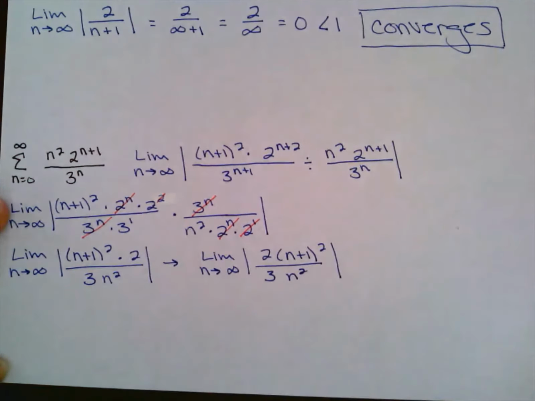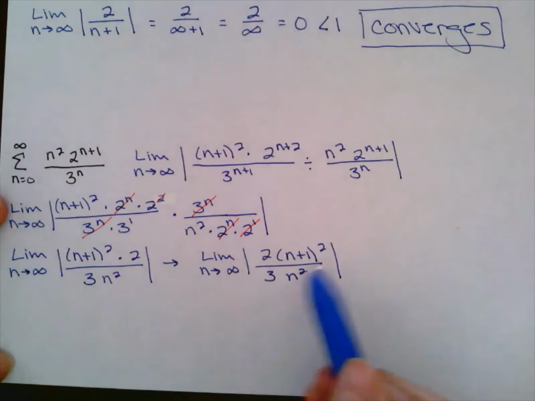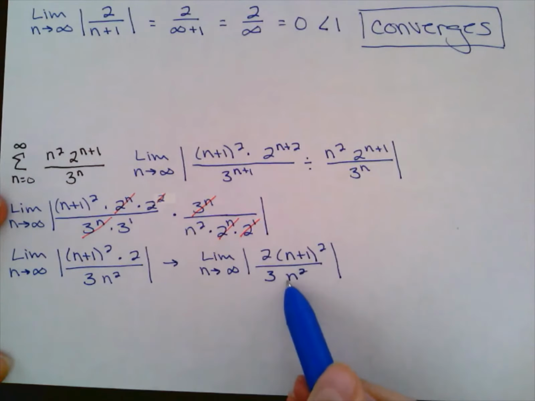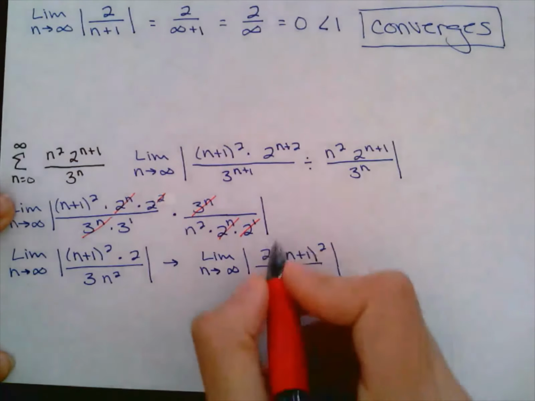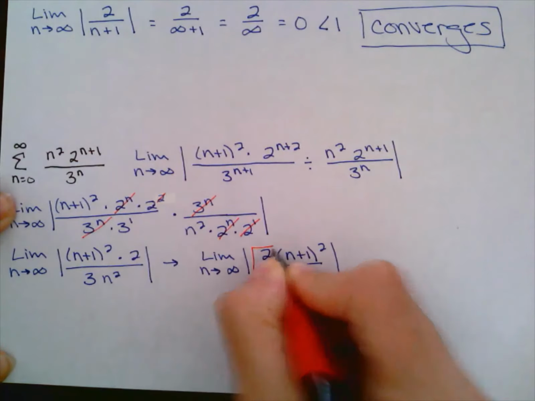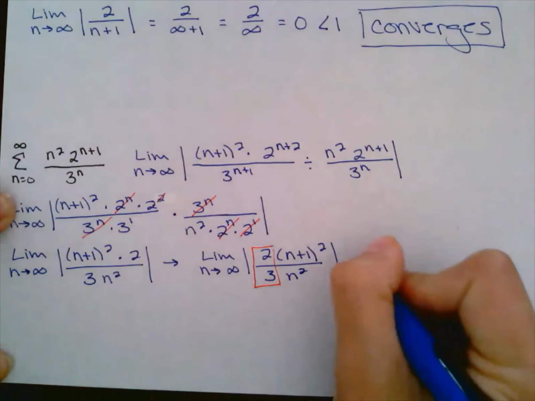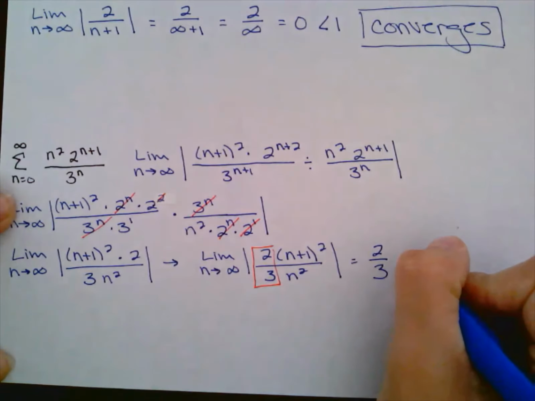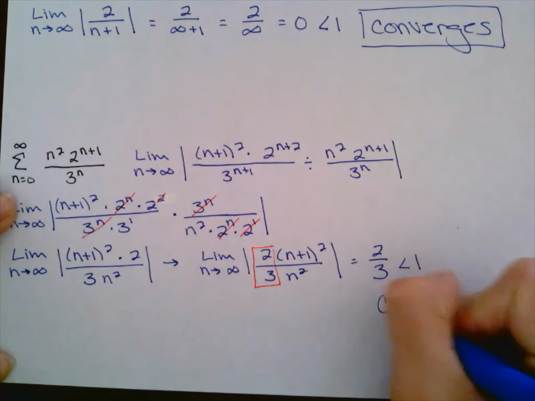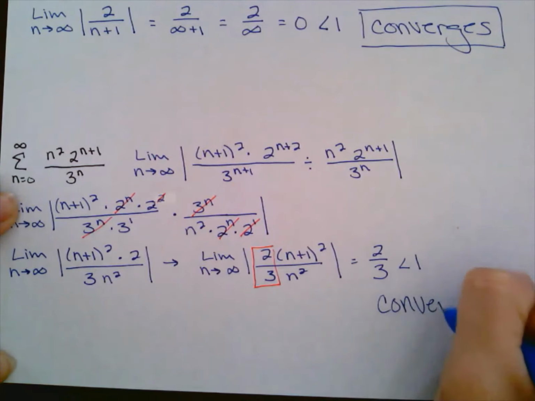And then when I solve this limit, remember when I plug in infinities, if the highest exponent is the same, it serves as the horizontal asymptote rule. So the answer to this limit is just the coefficients, which is 2 over 3. And because that is less than 1, this also converges.